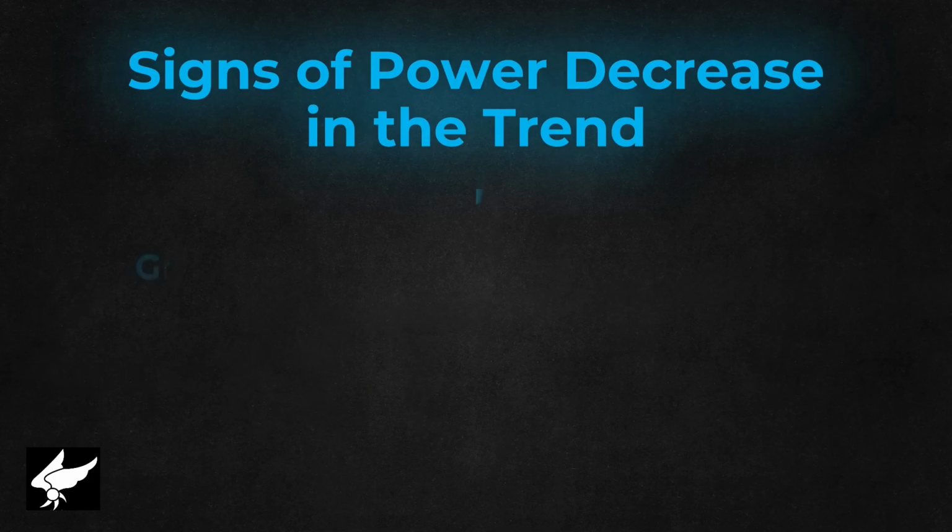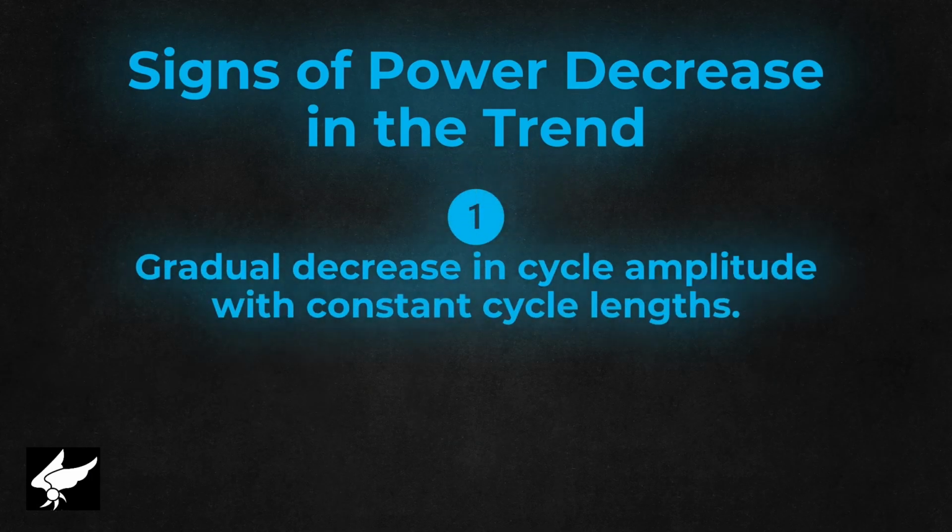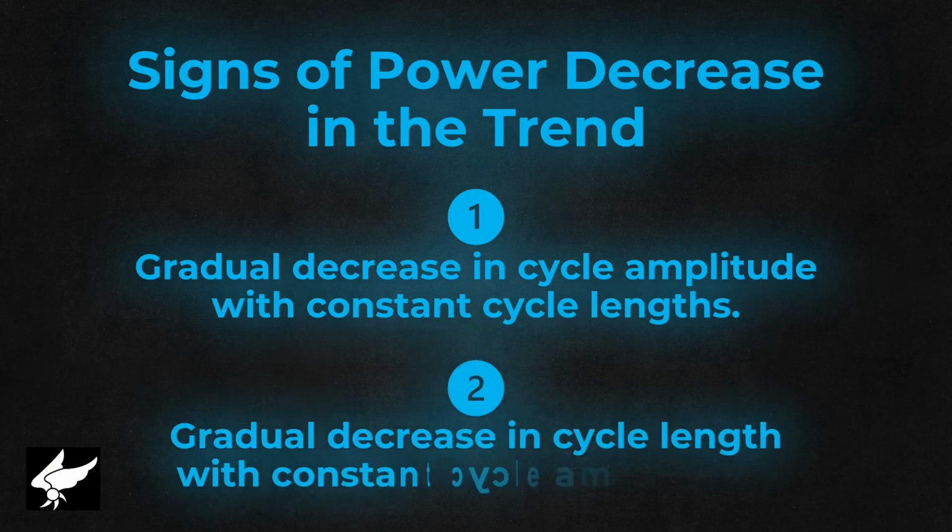The first is a gradual decrease in cycle amplitude while cycle length remains constant, and the second is a gradual decrease in cycle length while cycle amplitude remains constant. We are looking at these possibilities in isolation, but they can occur in synchrony, which will lead to different signals. I will leave that for another day since psychoanalysis goes way beyond this brief introduction.